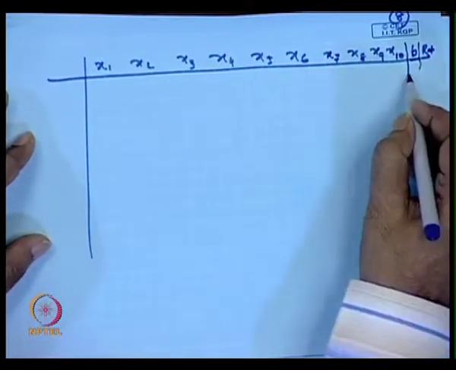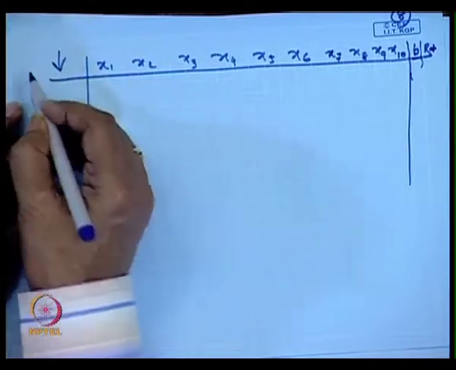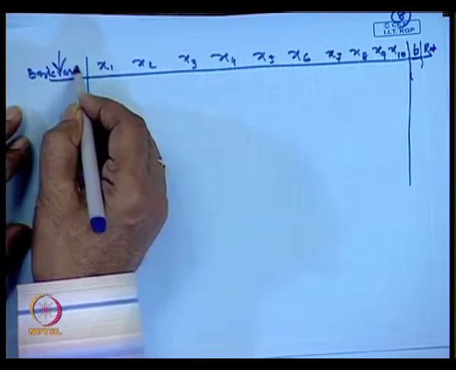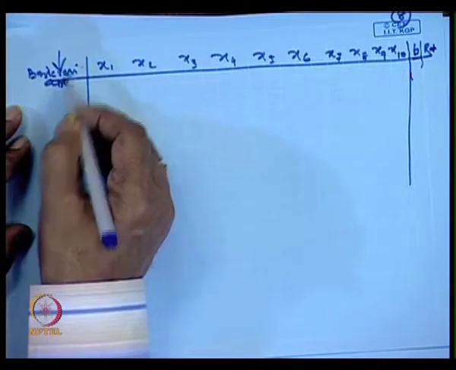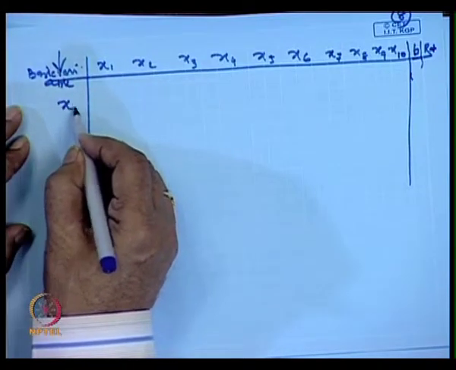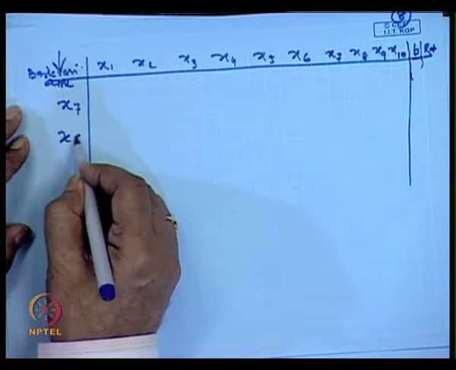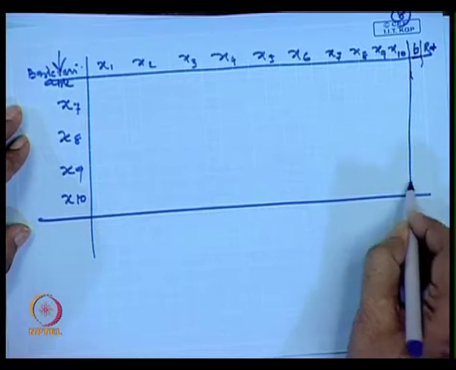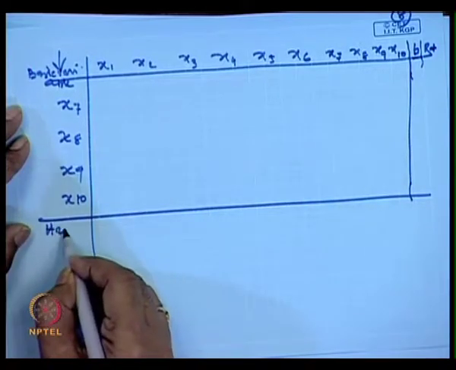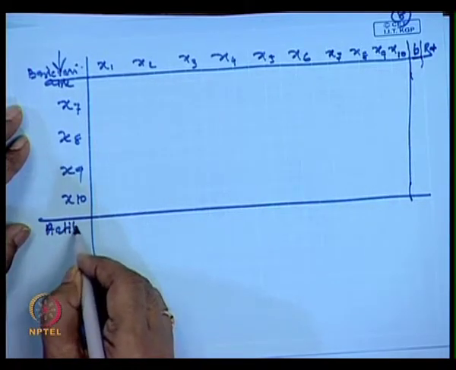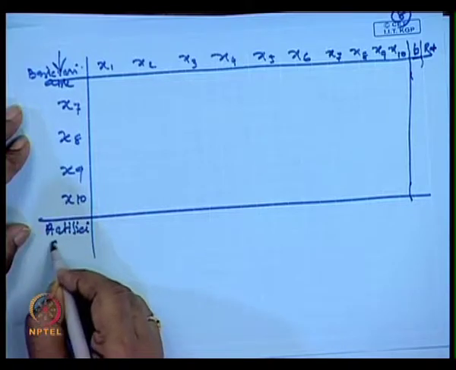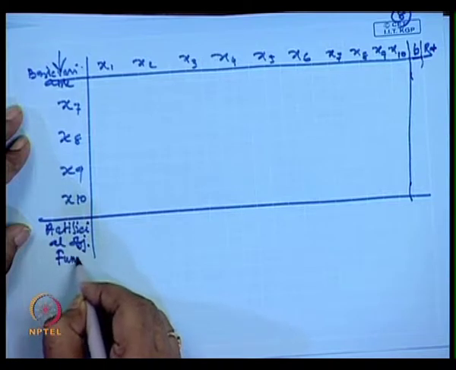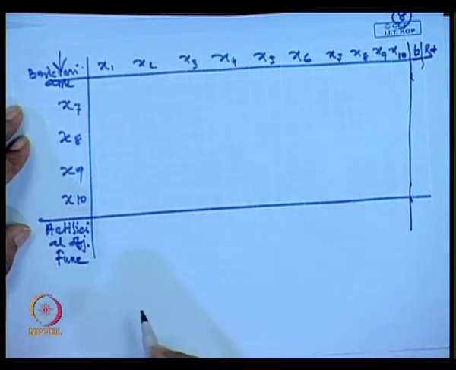And our basic variables are what? Basic variables in this direction are x 7, x 8, x 9, x 10, and then our artificial objective function you can fill up. Agree?